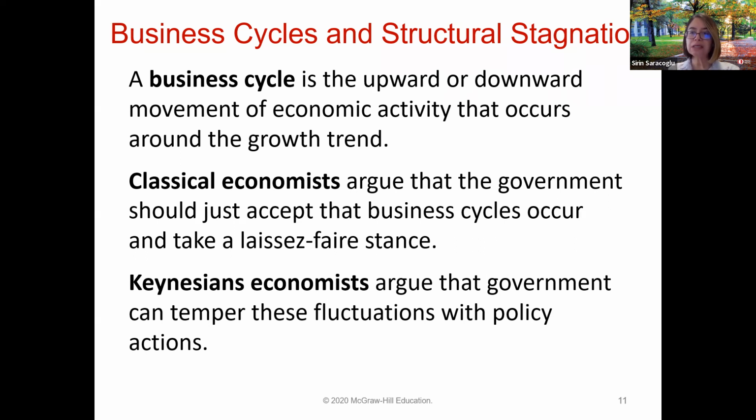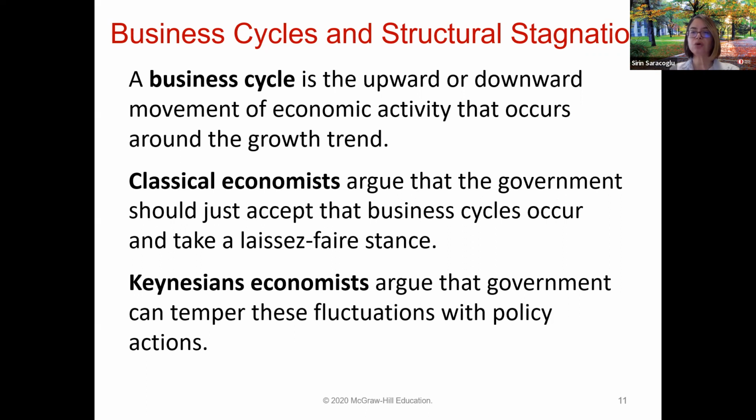On the other hand, Keynesians take a more active stance and say that government can shorten the length of the business cycle or can temper the fluctuation through policy action, through intervening into the economy through fiscal or monetary policies.